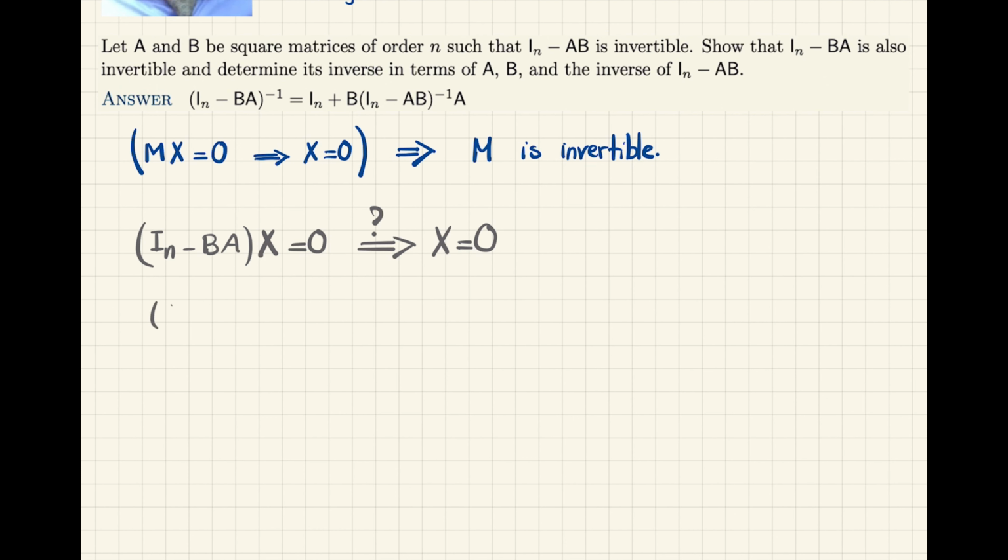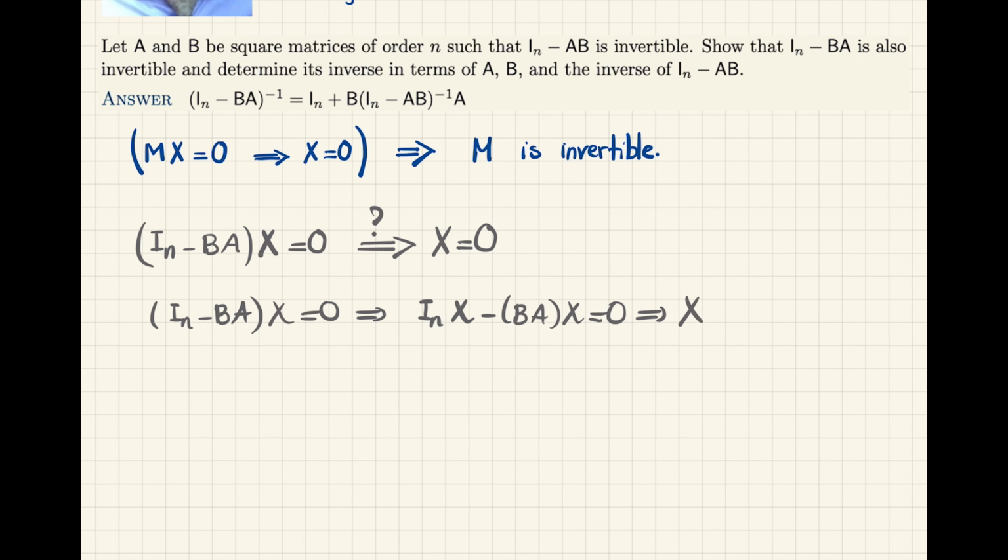I would say that (In minus BA) X is 0. I can distribute this because we know that matrix multiplication enjoys the distribution property. So this becomes In times X minus BA times X is 0. But In times X is just X itself.